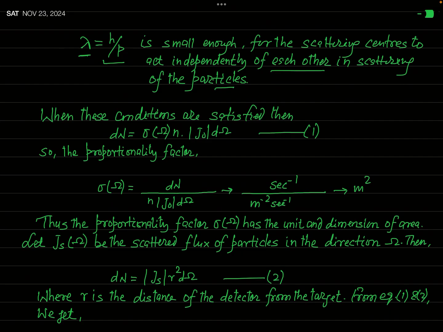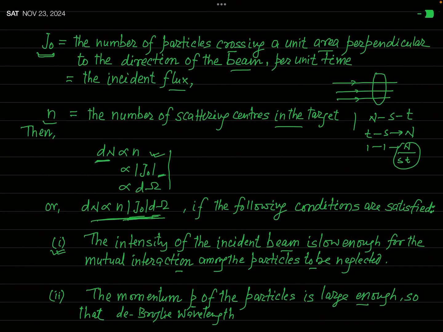These conditions do not get satisfied very easily, because condition number 1, that the intensity of the incident beam should be very low, actually conflicts with the requirement of good statistics, which favors a large intensity, the larger number of counts at the detector during a given time. The better the statistics.